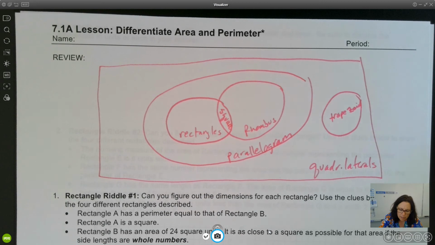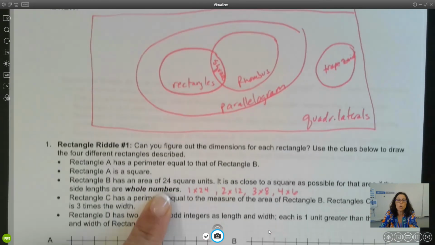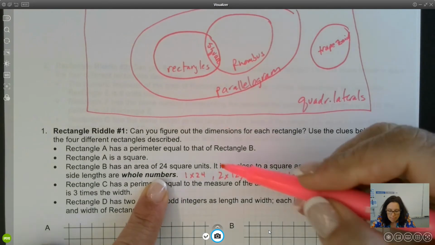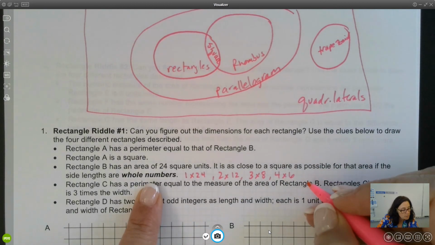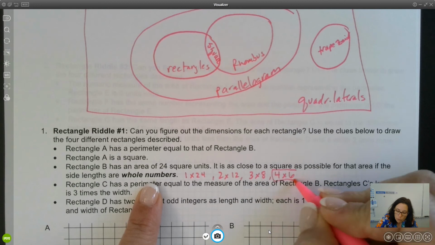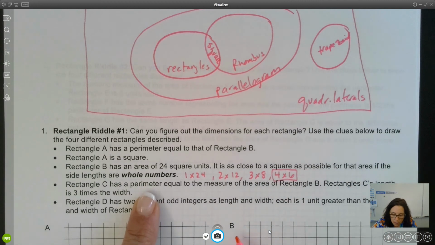Let's think about it. It could be 1 by 24, 2 by 12, 3 by 8, or 4 by 6. Which one of these is the closest to a square? The 4 by 6. The 4 by 6 is going to be B.